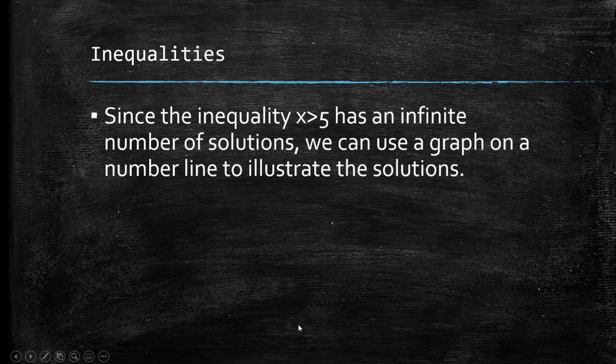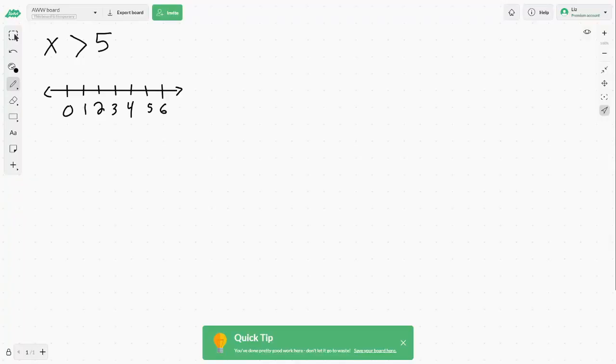Since the inequality x is greater than 5 has an infinite number of solutions, we can use a graph on a number line to illustrate the solutions. So let's see what that would look like. We have x is greater than 5 up here at the top, and a number line down here. We're looking for values of x that would be greater than 5.